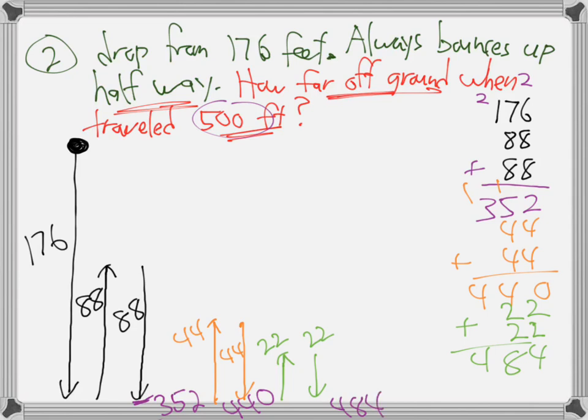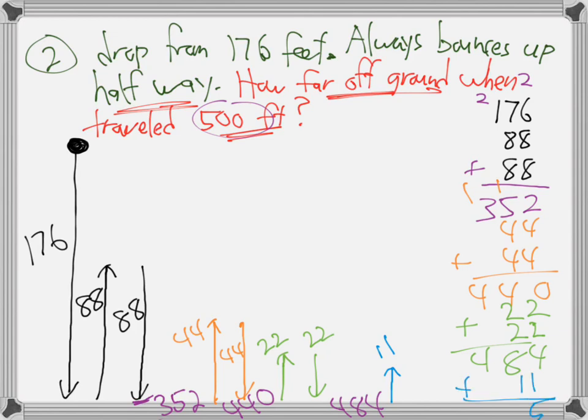When it comes down from the up, down 22, what comes next? Up 11. So it's going to go up 11 and down 11, but that's going to be too much. 11 and 11 is going to be too much. So I better freeze frame at the first 11.